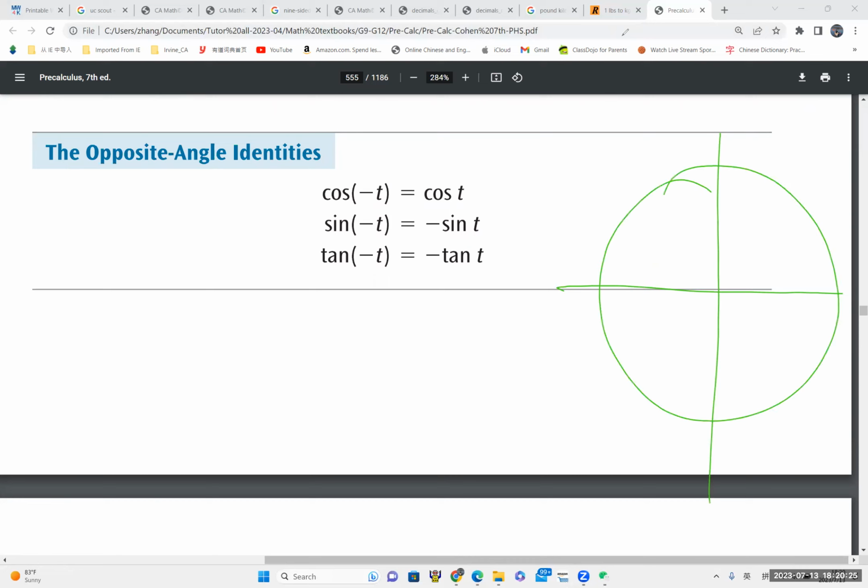For example, if the angle is t here, then where is the place for negative t? It's here, negative t. If we check its cosine, they have the same cosine, right? But they have opposite sine, and also opposite tangent. That's the reason.